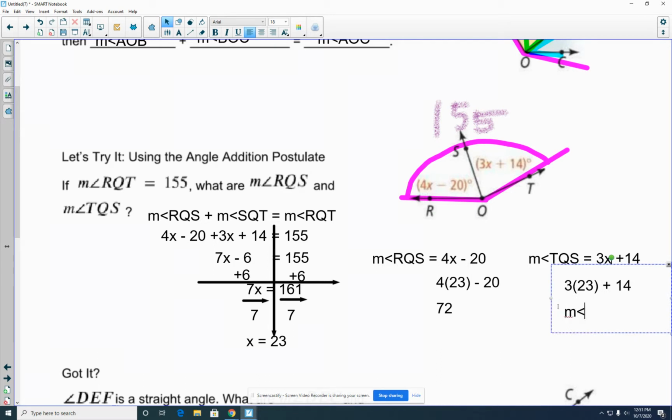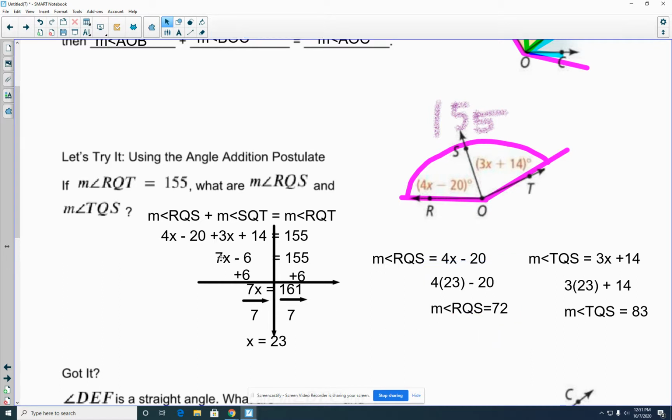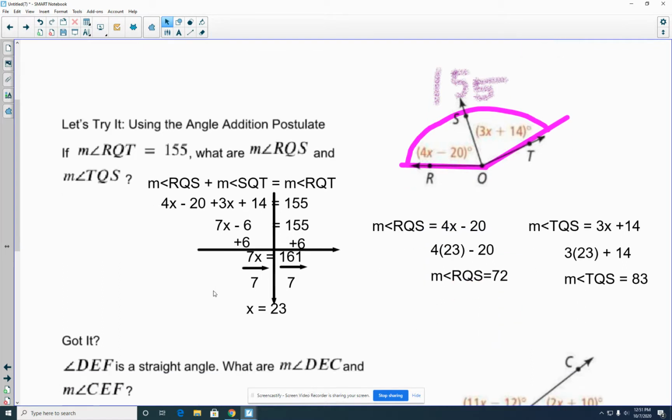So the measure of angle TQS is 83. And here we knew that the measure of angle RQS is 72. And there it is. So that's how you use that angle addition postulate.